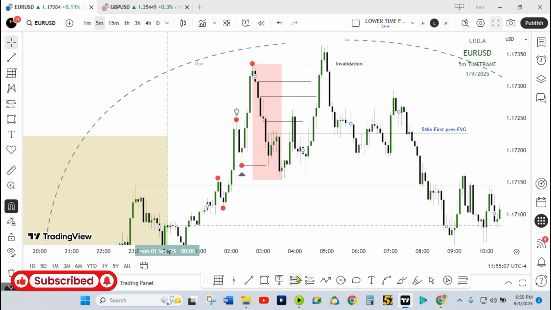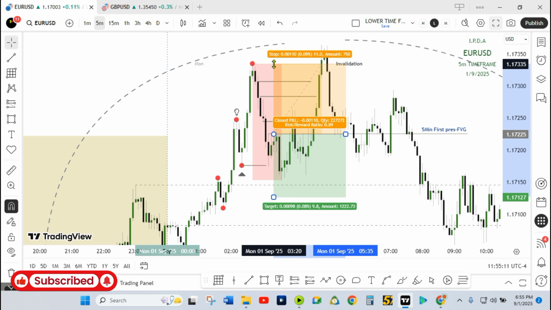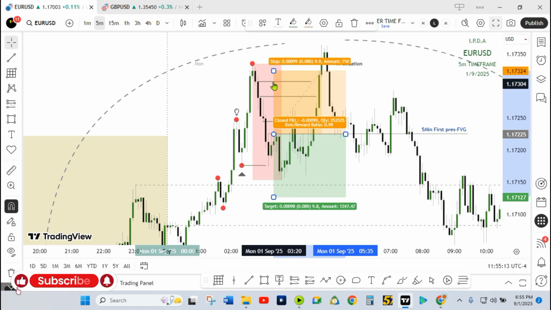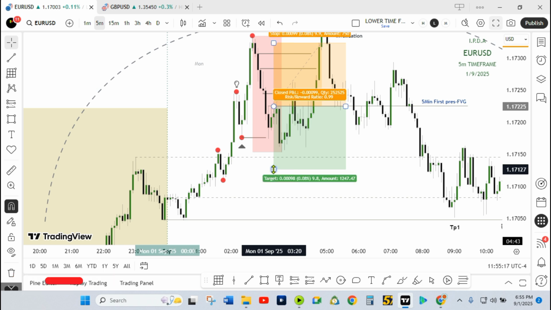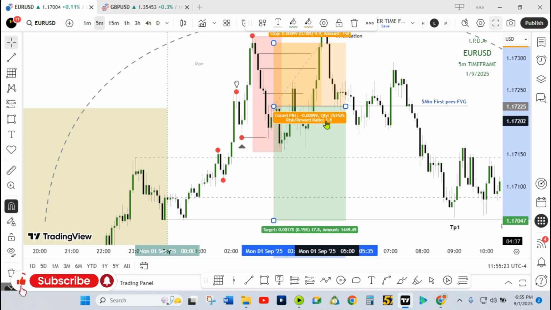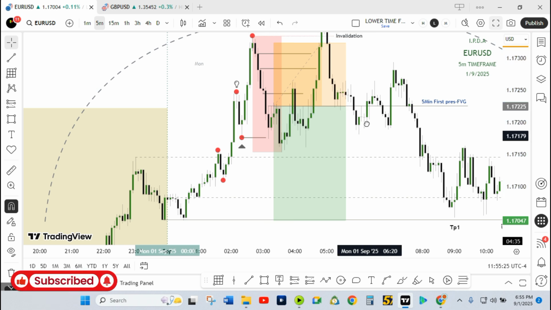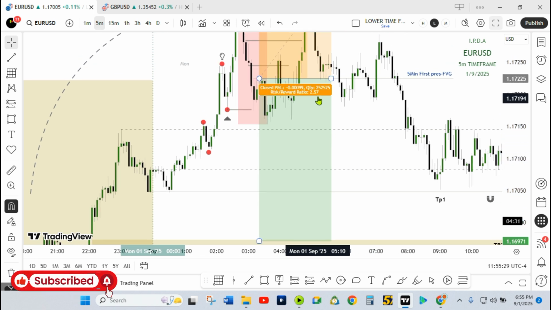I was very confident. I entered here with my stop loss just above this gap. I was targeting, my first target was these lows, which is 1.8 risk to reward. The next target was this gap, which is 2.57 risk to reward.